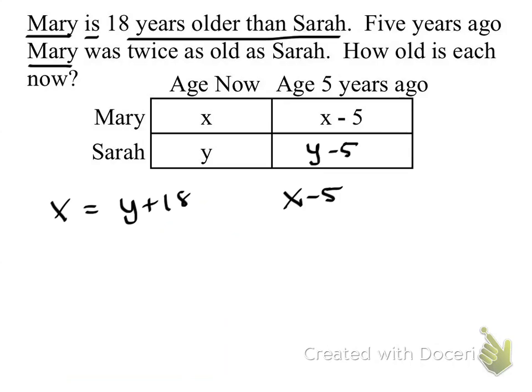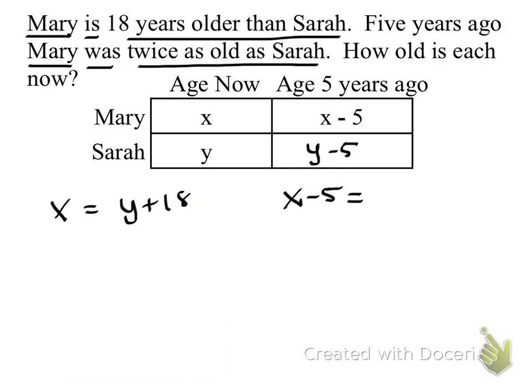What do I put for was? Was. Is, was, will be is the same thing. Equals. Good. Twice as old as Sarah. Is, was, will be is our equal sign.